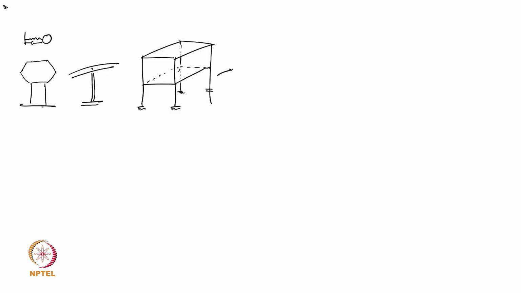So what we try to do, if we draw it, it will be like a mass. These are the ways the masses are lumped. Whatever the number of stories, we will have that many masses, like M1 for the first floor, M2 for the second floor, M3, and so on.